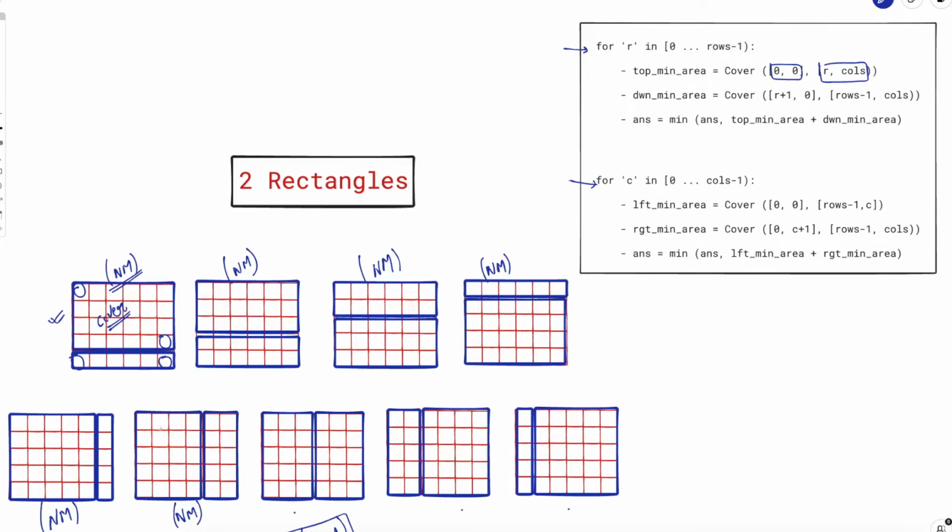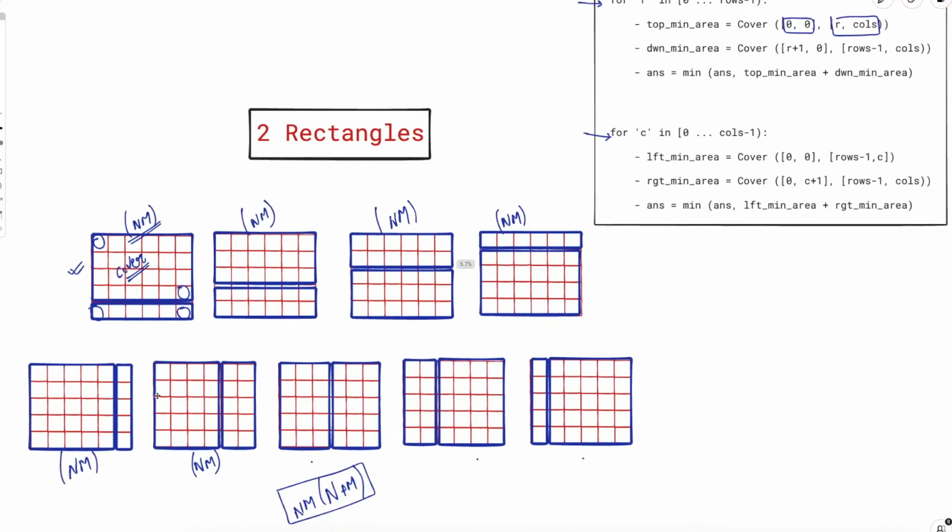In the same fashion, for vertical partitioning, you will have all possible vertical partitionings. You will figure out the minimum area from the left side and the minimum area from the right side, and sum them up to get the minimum area of the two rectangles that can cover all the ones, right? For the left side, your top left cell would always be 0, 0.